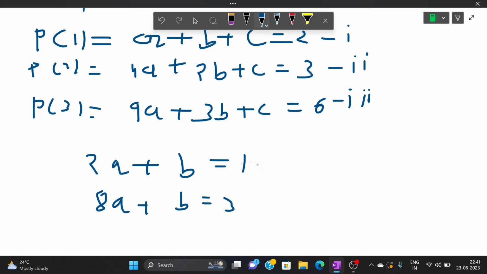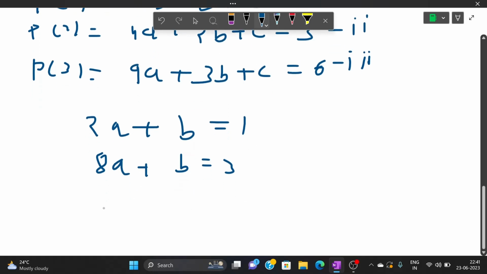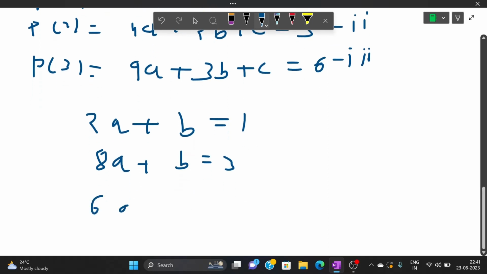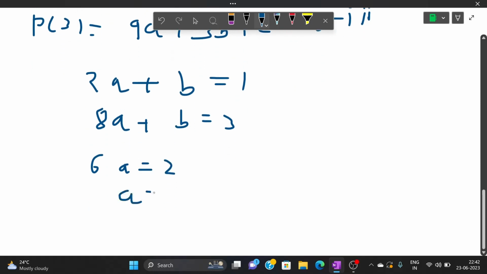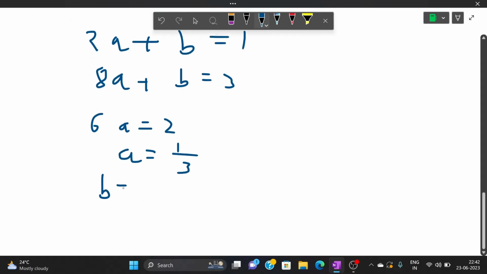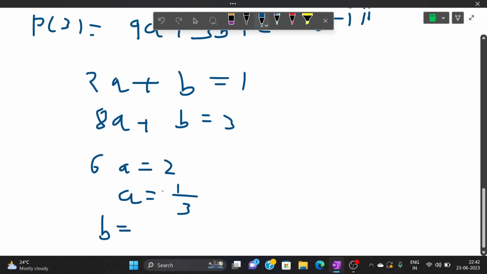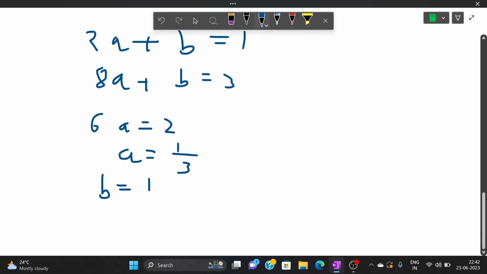Now subtract these two equations and you will be having 6A equal to 2. So A becomes 1 by 3. So B will become 1 minus 2 by 3, that is B is also coming out to be 1 by 3.